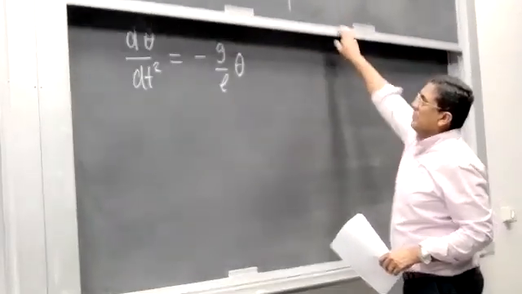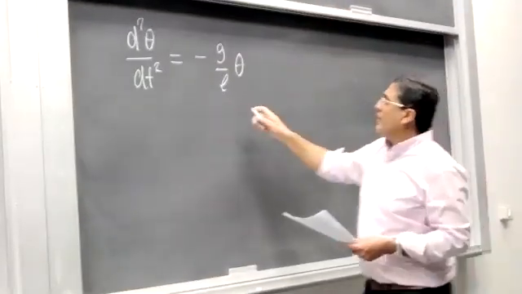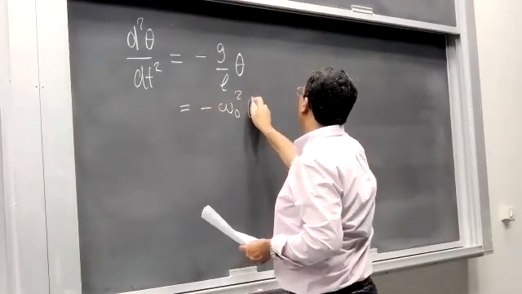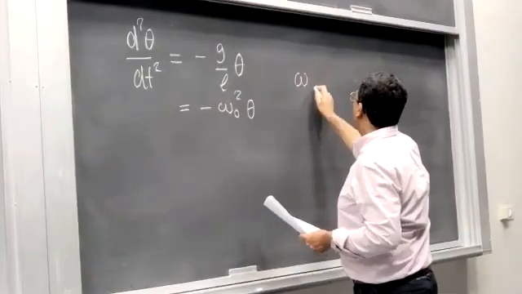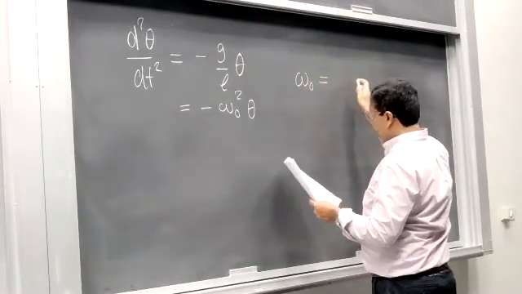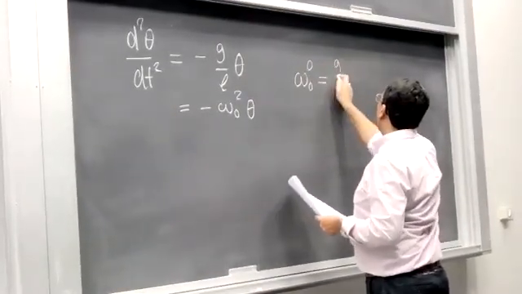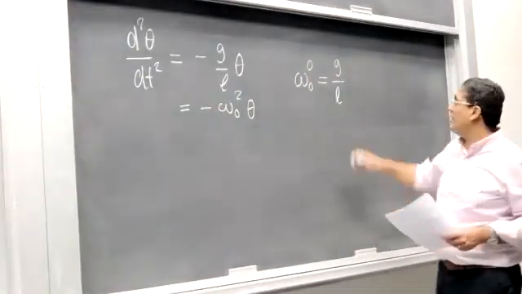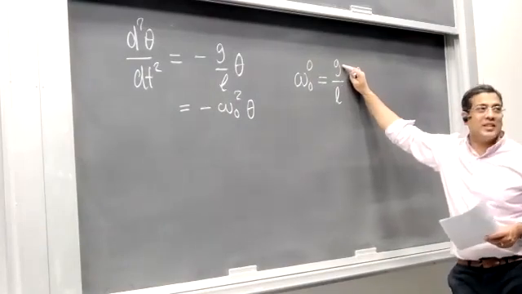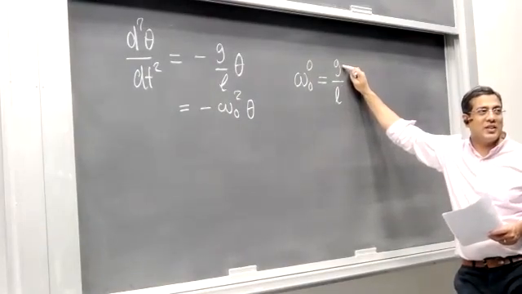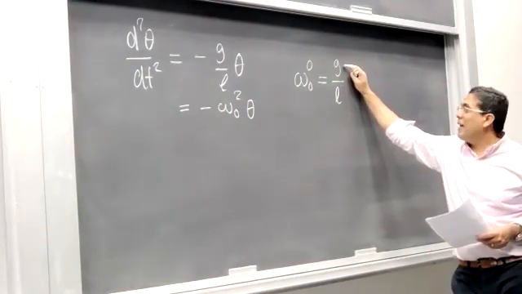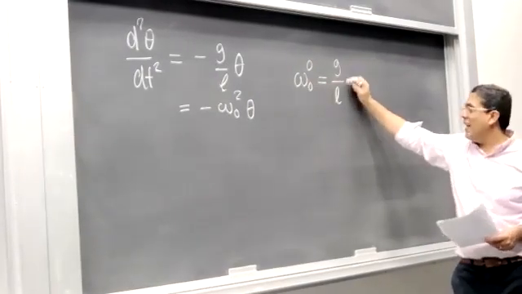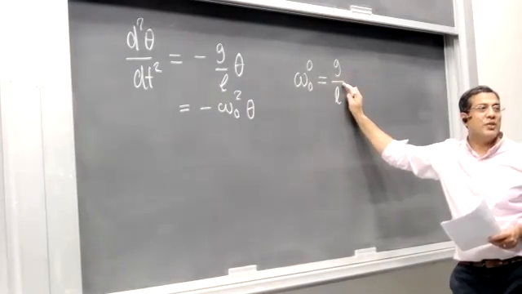Here you can define omega naught square, where omega naught square is equal to g over L. So this is again intrinsic. g is the gravitational acceleration. On the surface of Earth, a pendulum's natural frequency would depend on g and its length, two intrinsic things.